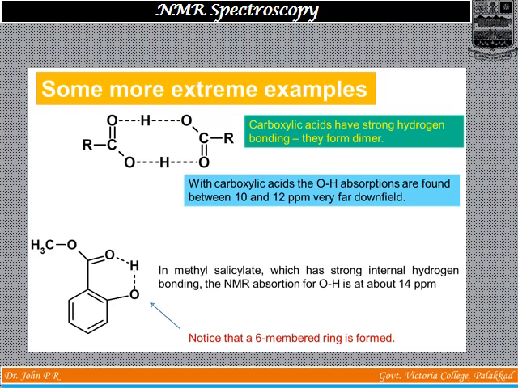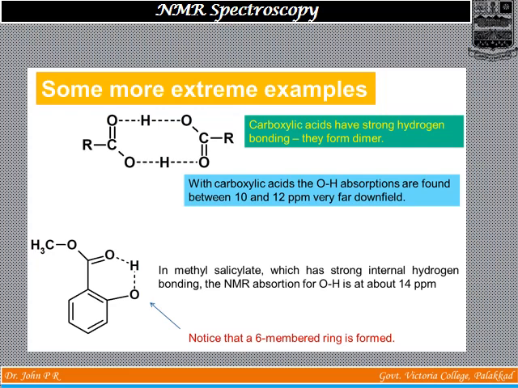Gamma, the gyromagnetic ratio, is a constant for a given nucleus. 2 pi, another constant. B0, the applied field. If the applied field is the same, then the chemical shift value or the resonating frequency depends on sigma.